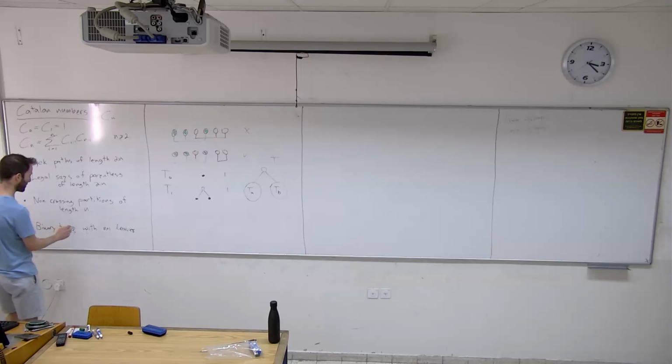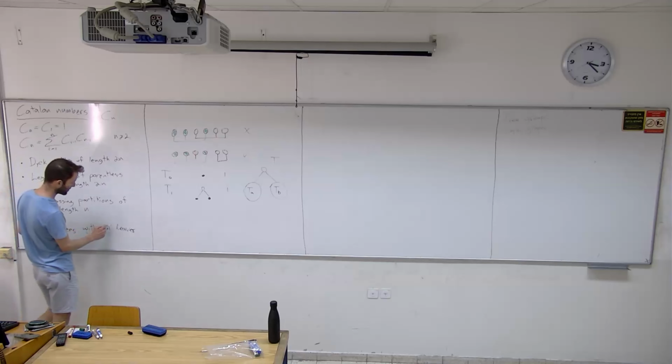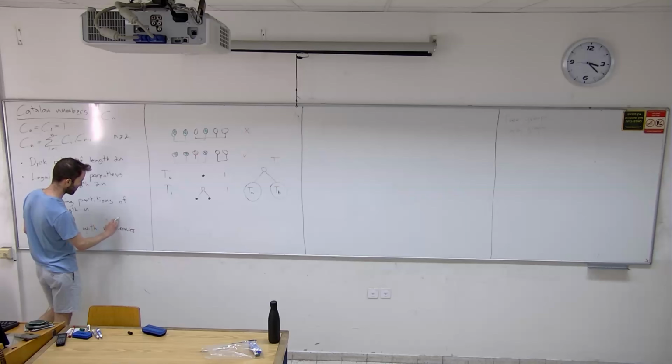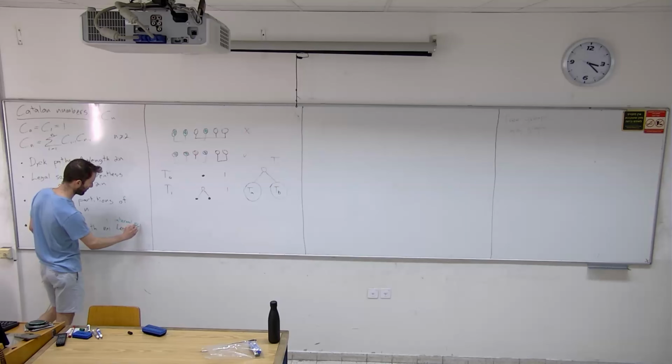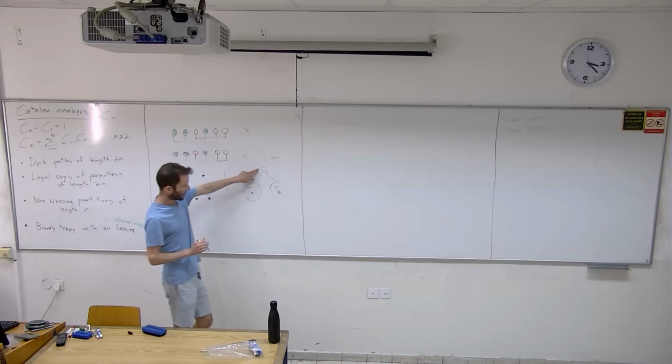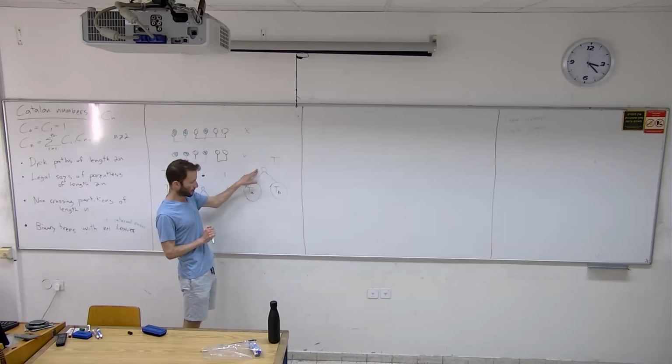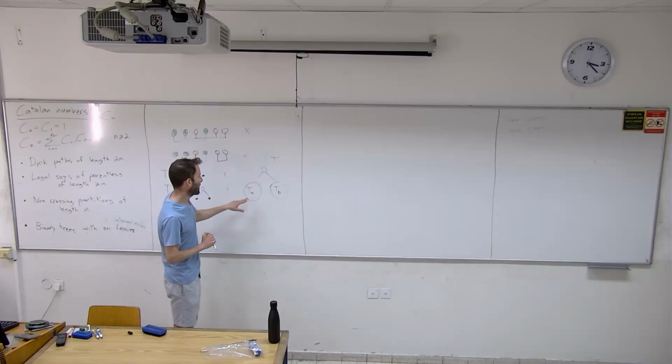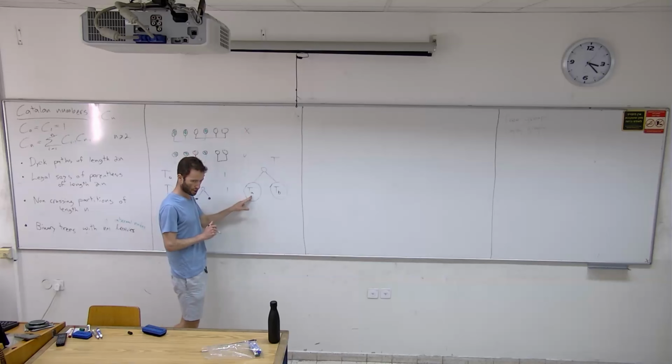And now I'll do something a tiny bit different. Instead of writing n plus 1 leaves, I'll write n internal nodes and non-leaves, which is pretty much the same. Now here I have one internal node. We already know that this is not a leaf. And let's say this one has j internal nodes.